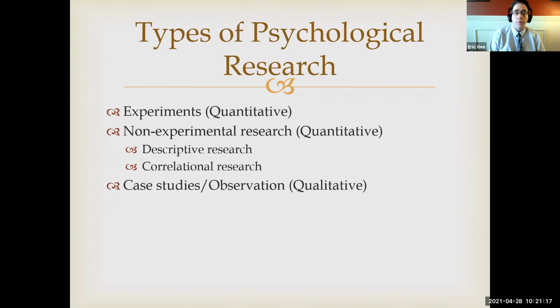So two types of non-experimental research is descriptive research. Descriptive research is where you are taking your variables and you are simply describing them. You're not trying to establish a relationship with anything. You're simply describing the variables. So for example, I could look at the number of freshmen, sophomores, juniors, and seniors in this class, okay?